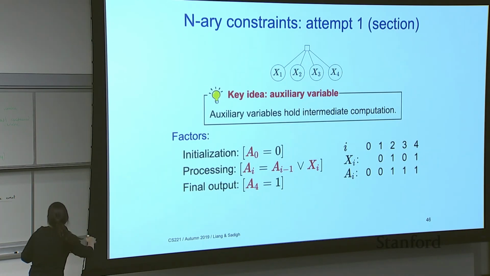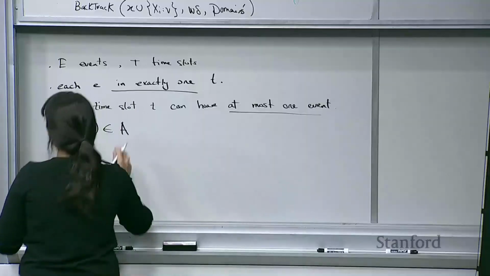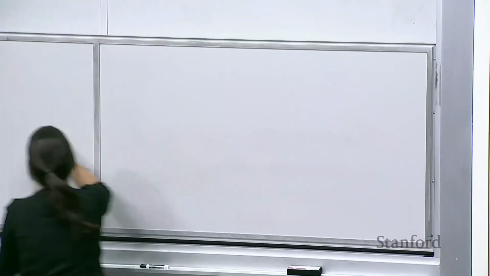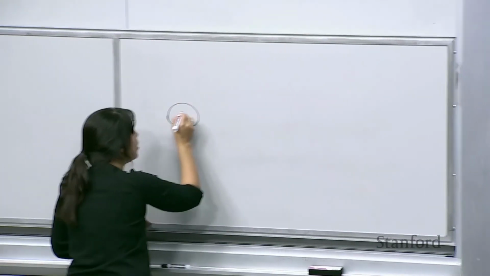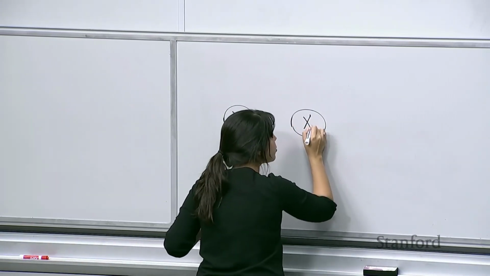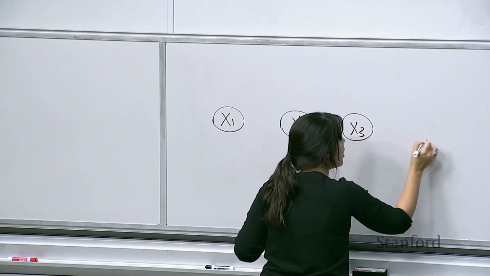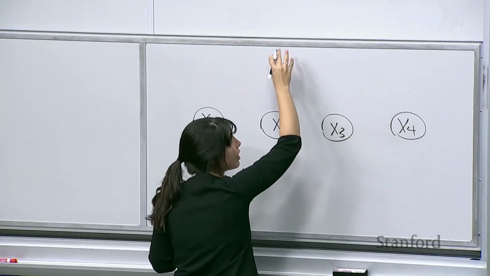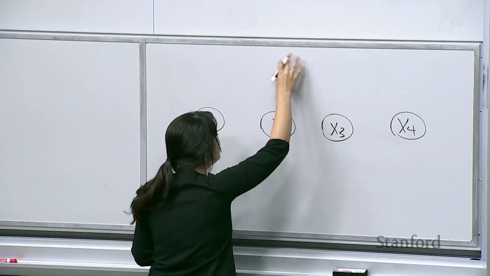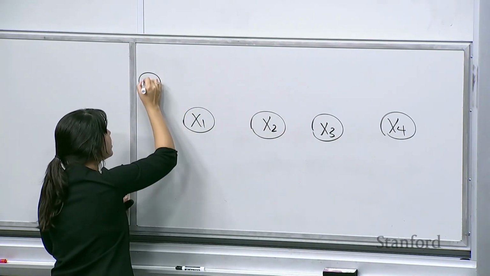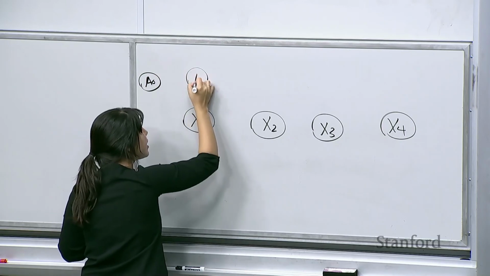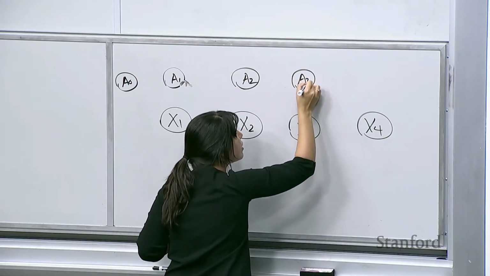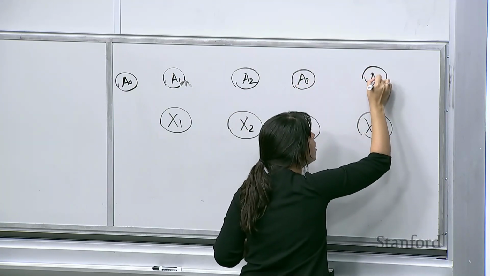Okay? So what's happening here is, let's just draw this real quick. I have a setting, just do it one. So I had x1, x2, x3, x4. I can have an n-ary constraint that connects all of these together in one factor graph. What I can do is define new variables. So I'm defining that many new variables, A2, A3, A4.